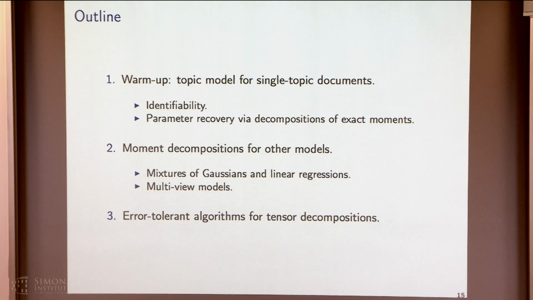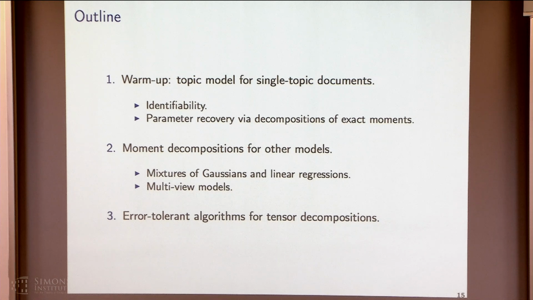Okay, so let me give you an outline for the next half hour and then the hour after the break. We're going to look at a very simple model first, to illustrate this technique. It's a topic model for very simple kinds of documents that are just about one topic. We'll talk about some issues in terms of identifiability and give a very simple procedure for doing the parameter recovery, assuming that you can perfectly estimate these moments.